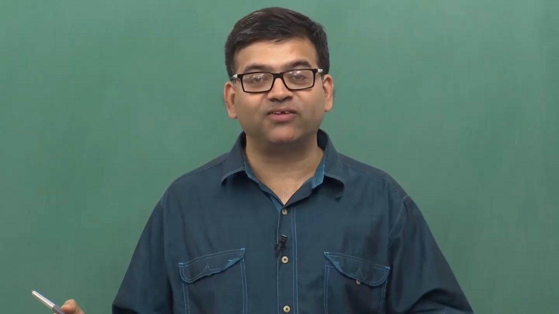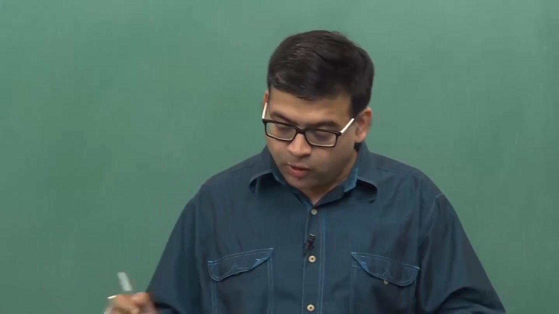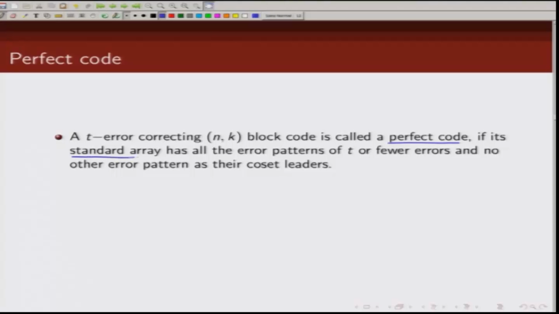And when will it satisfy Hamming bound with equality? When its standard array has all error patterns of T or fewer errors and no other error pattern as their coset leader. So, it is important that no other error pattern except all error patterns up to weight T should be the coset leader.